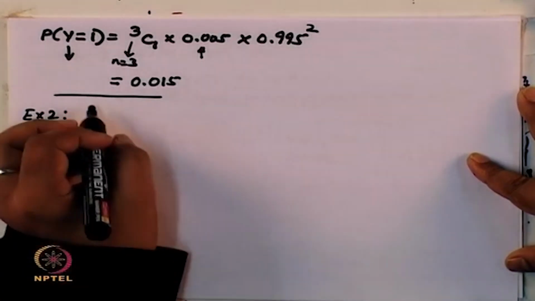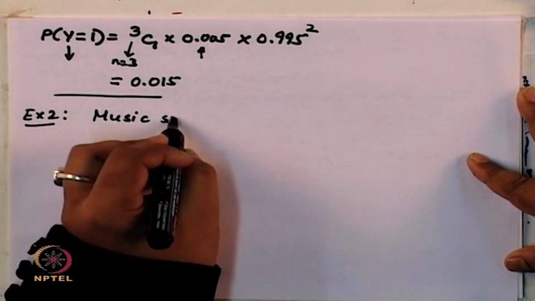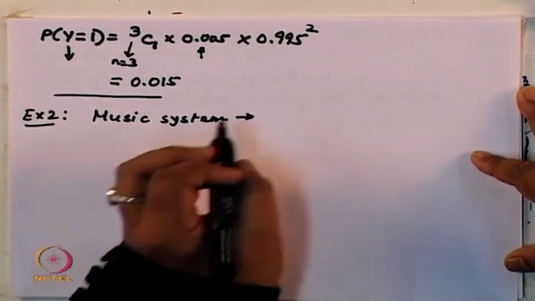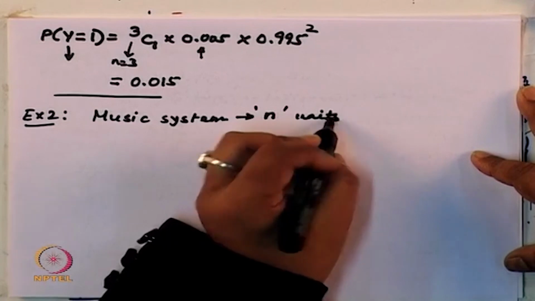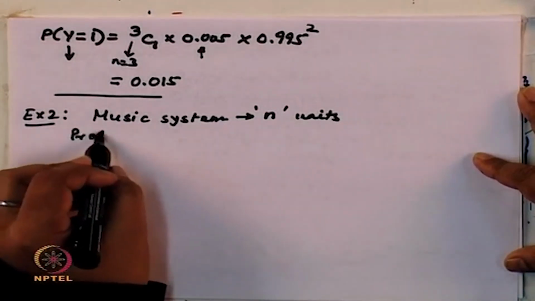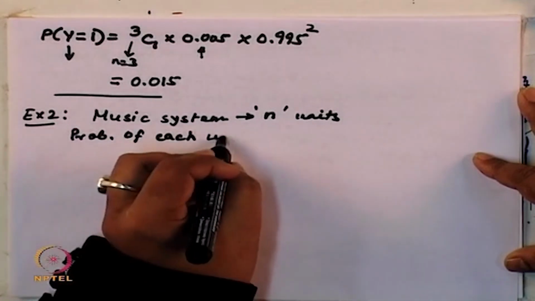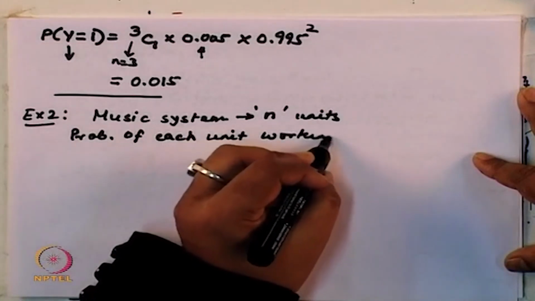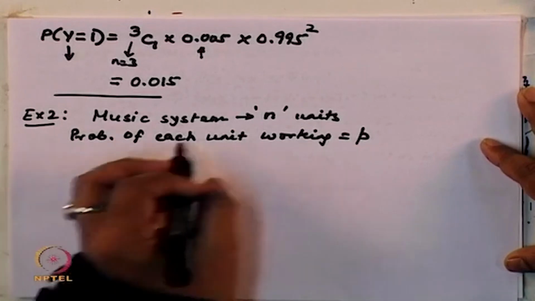Okay. So imagine you have a music system which comprises n units. The probability of each unit working is equal to p, and this is independent.